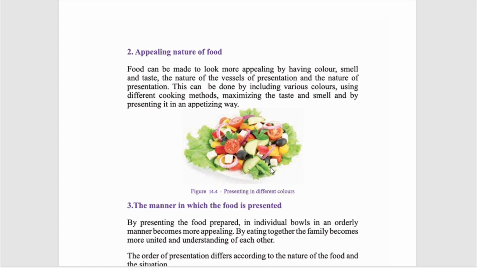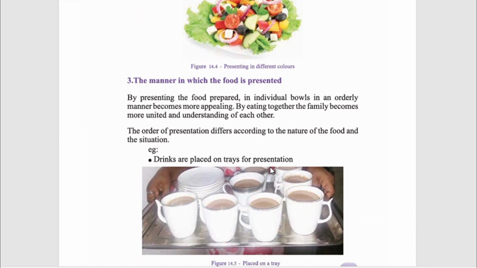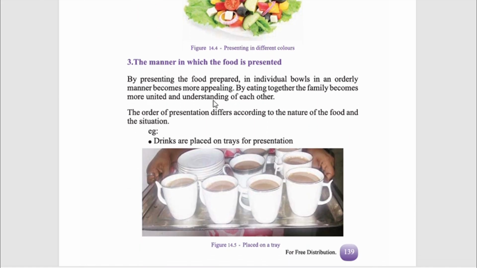We can enhance the color, smell, and taste, and the nature of the vessels of presentation is also very important. That is also part of the presentation method, and from that we can improve the appetite for this food. That is another appetizing way, and also the manner in which the food is presented.